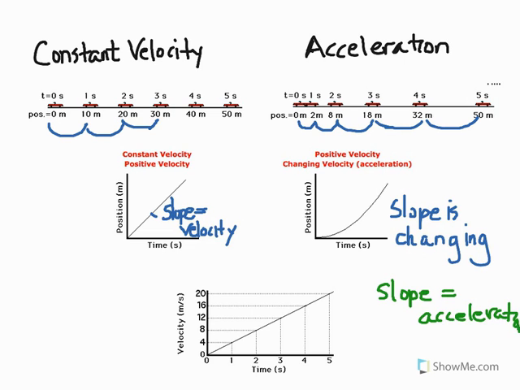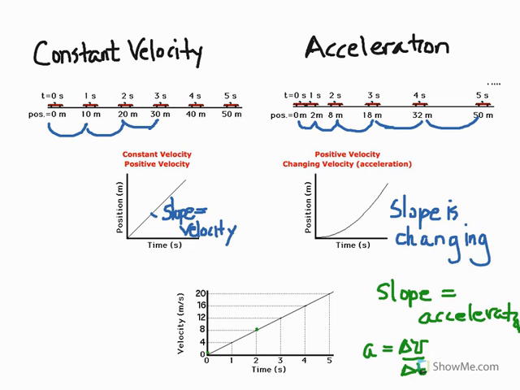So for this example, let's take a look at these 2 points. Let's just go 0, 0. So the acceleration then is going to equal the change in velocity divided by the change in time.